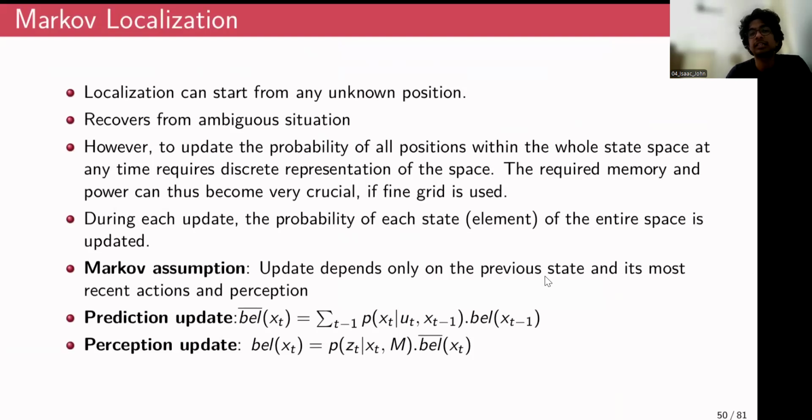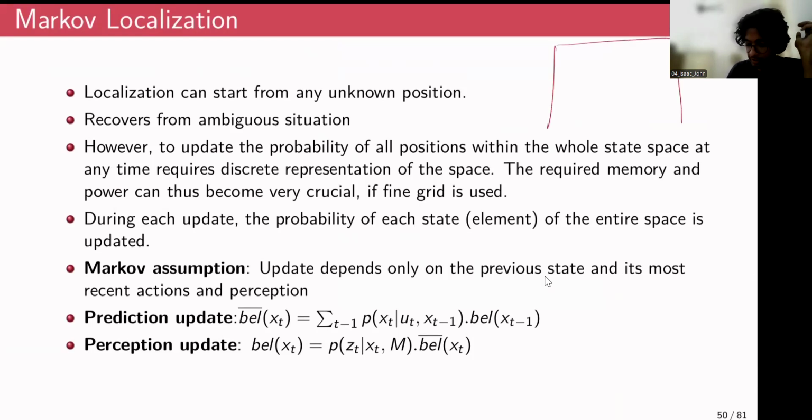The key distinction between them is that in Markov localization, you have to estimate the probability that the robot is in the current position for each and every point within the map.